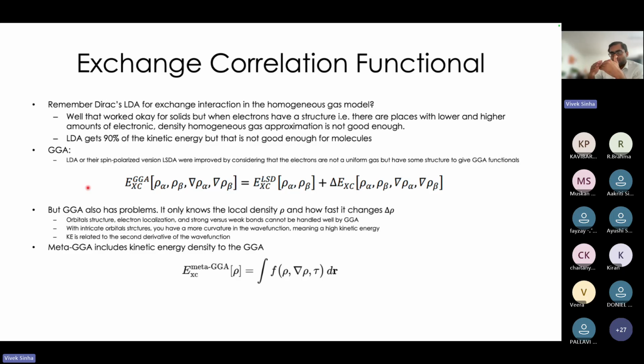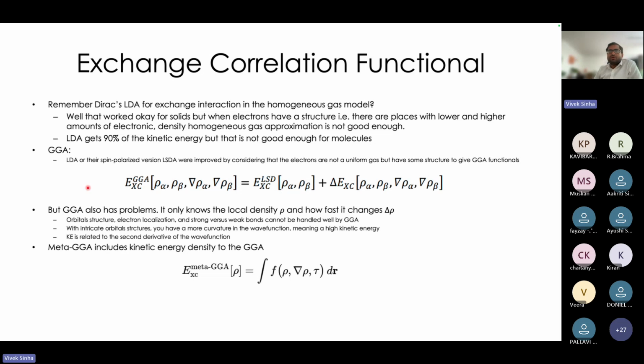So it assumes a little bit more structure. That's how GGA comes. You hear of BP86, BLYP kind of methods. They're all GGA methods. And there are lots of parameters within the GGA that are tweaked to yield, for example, accurate thermochemistry or geometry or other properties.